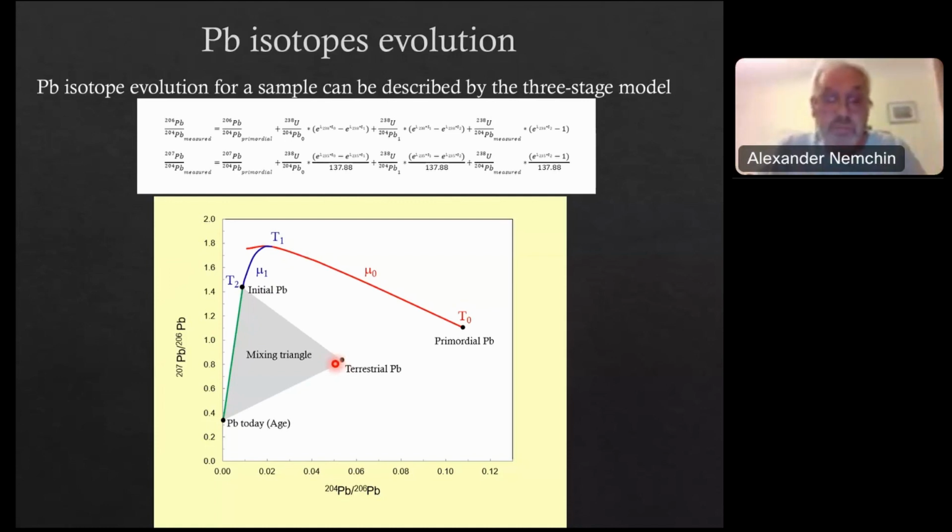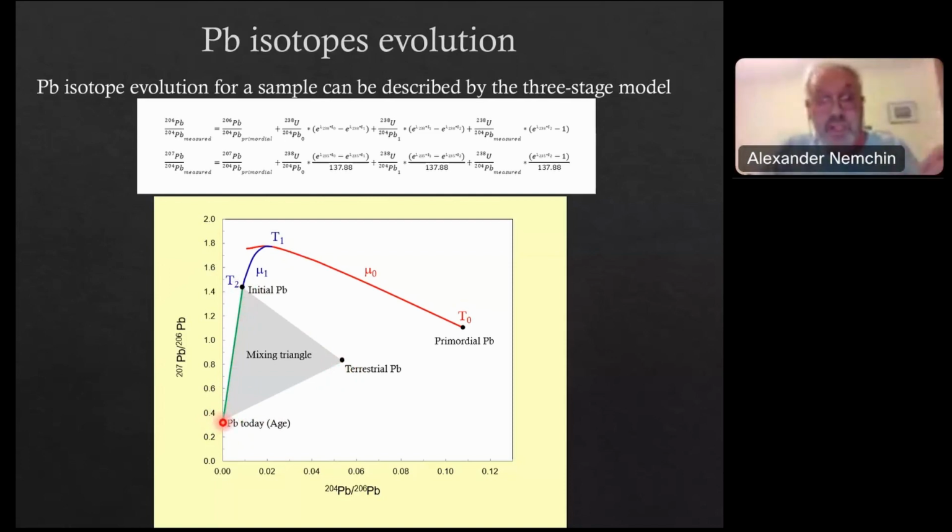So our different materials will be sitting within this triangle, more or less, depending on the amount of contamination. If there is no contamination or very little, they will probably be sitting along this green line. Say our zircon-rich phases are going to be very close to this corner, defining the age. They are best to define the age.